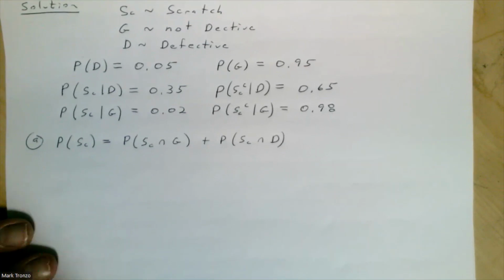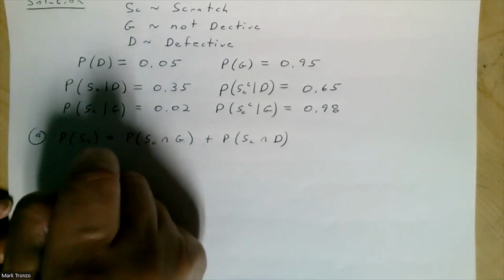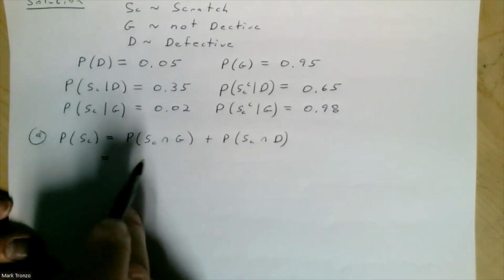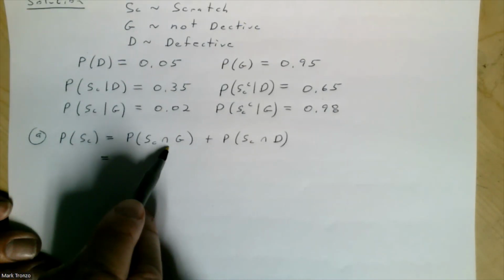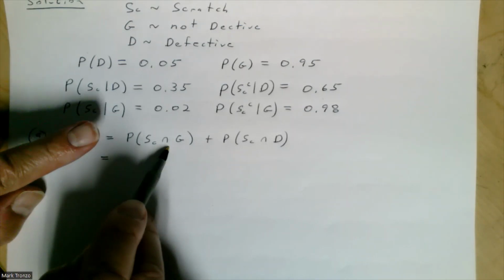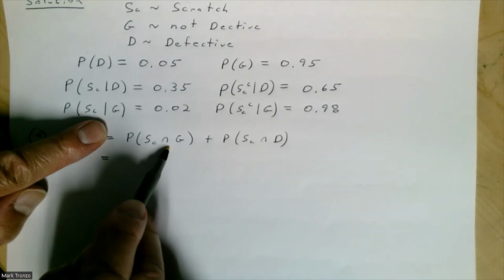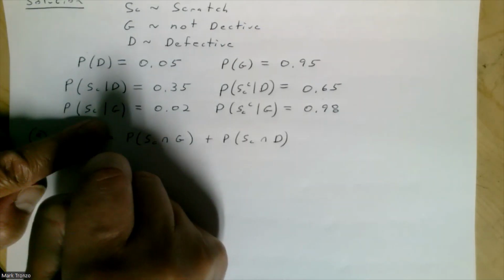That would cover all the possible phones with scratches. And now, of course, remember this can be written as this times the probability of it being good.